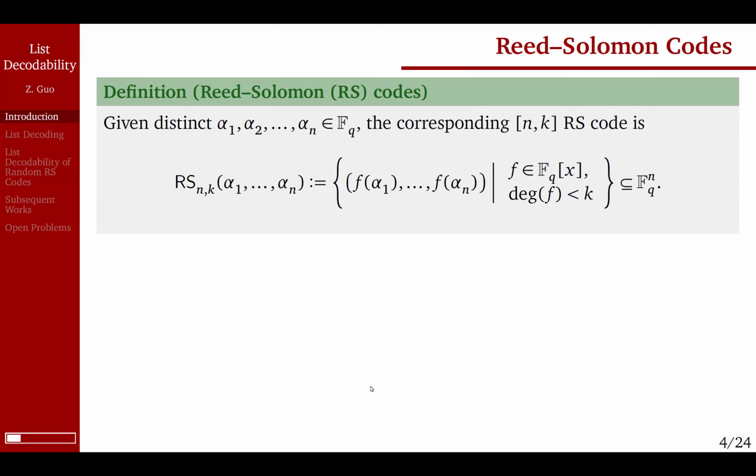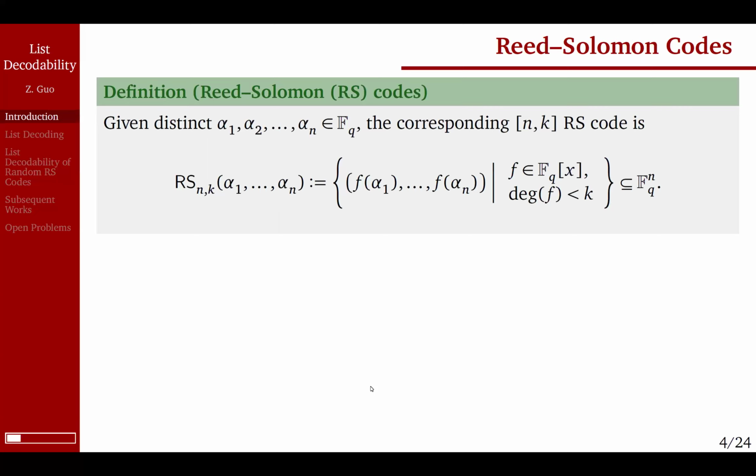You can think of the message as a polynomial of degree less than k, so it has a constant term up to degree k minus 1, so there are k coefficients. And you take such a low-degree polynomial, and we fix n distinct points alpha 1 to alpha n in F_q. That would force q to be at least n, by the way.